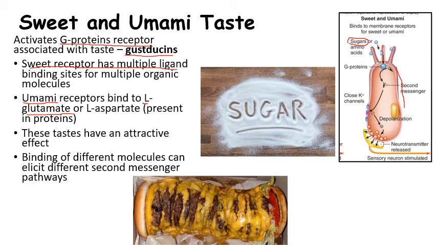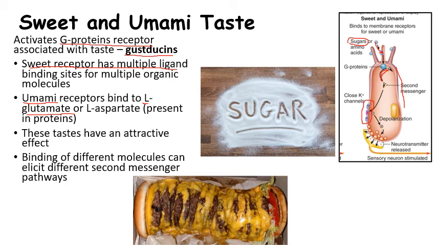Okay, so the signaling in these is a little bit different than what we saw with the ion channels. In the ion channels, the ions moved in to depolarize. In this case, binding of whatever specific molecule fits this receptor is going to activate the G proteins. The G proteins are going to act through a second messenger system, and that second messenger system in this case is going to close potassium channels.